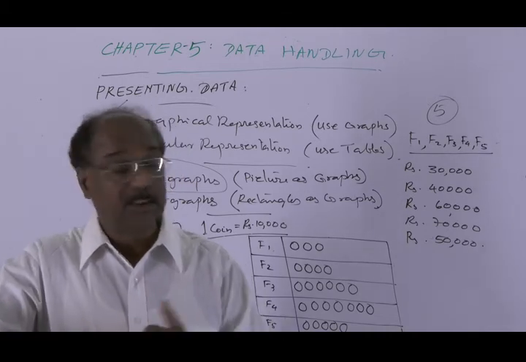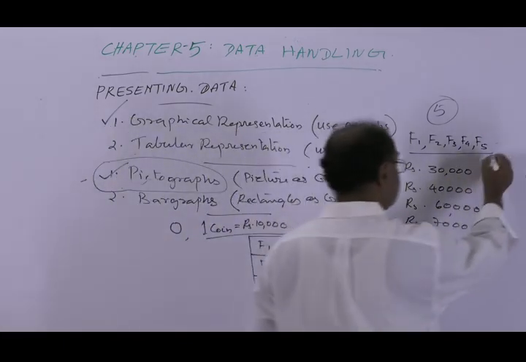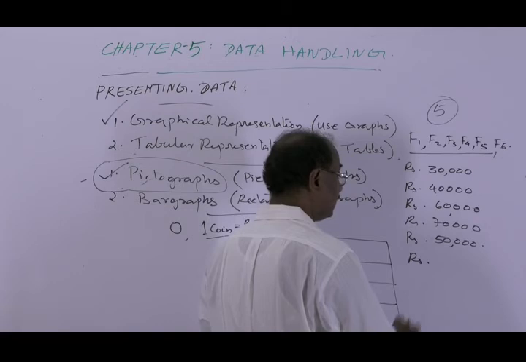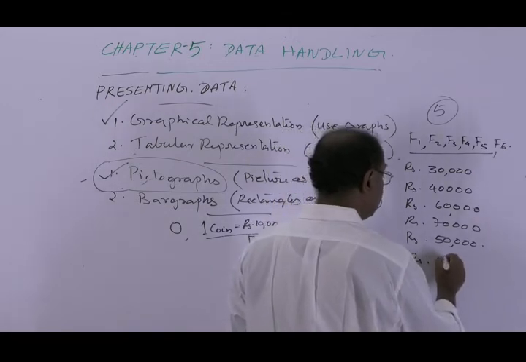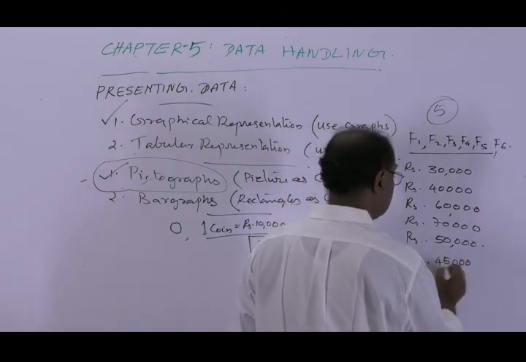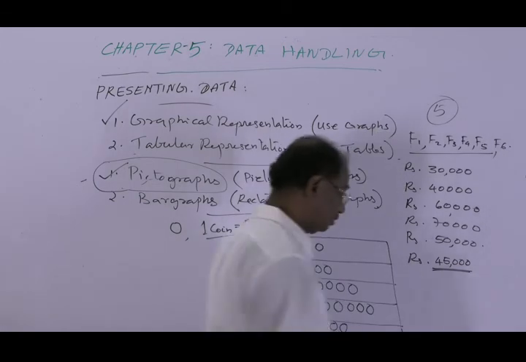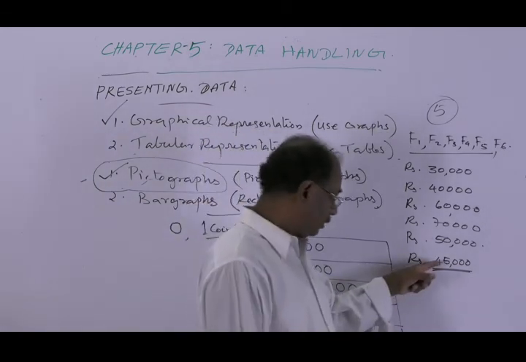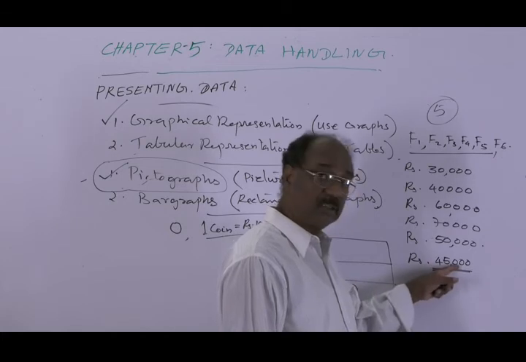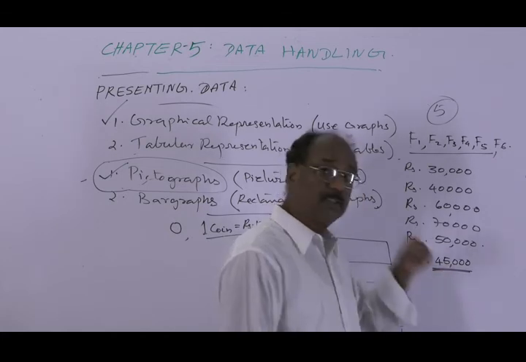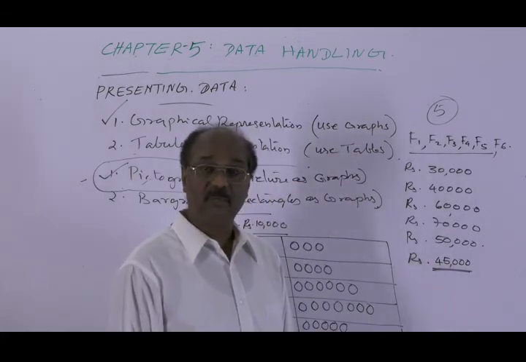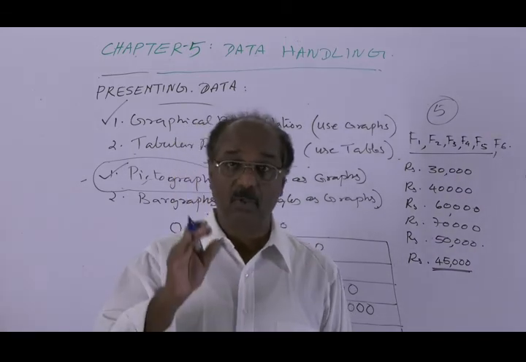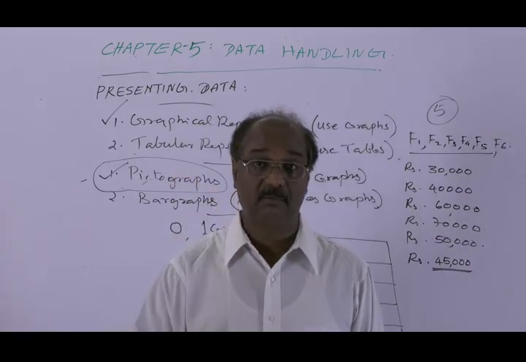Again, suppose we have one more family, F6, with annual income 45,000 rupees. How can we represent this? 45,000 is 40,000 plus 5,000. For 5,000 we cannot have a full coin, so we draw a half circle.